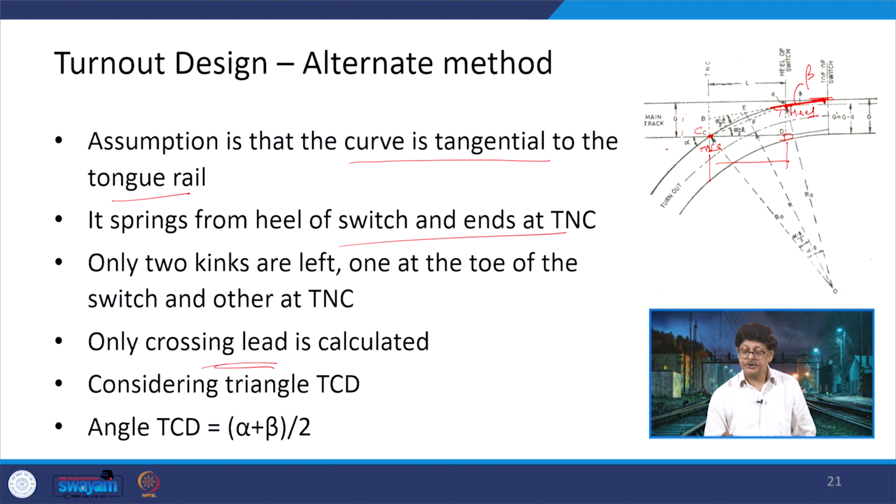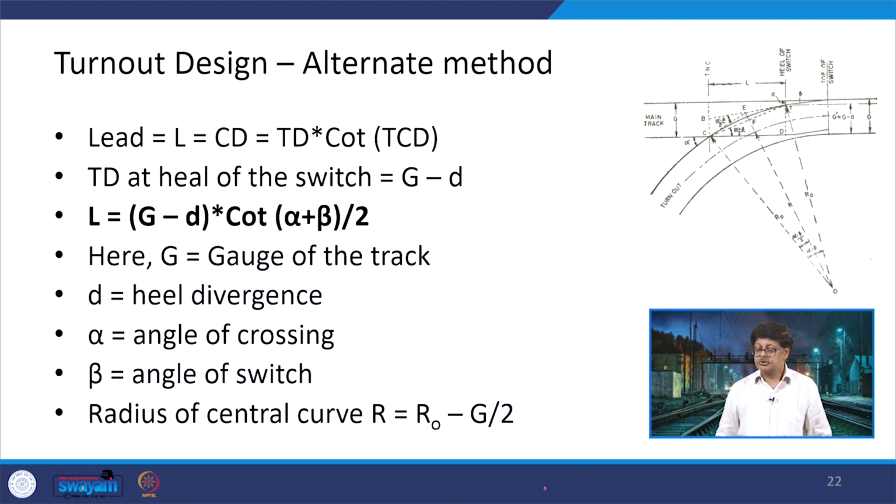Considering the angle of crossing and the switch angle, going by the geometry again, the angle TCD comes as alpha plus beta by 2. So, the lead L is CD. Now, this is nothing but TD, that is from here to here, TD into cot of angle.